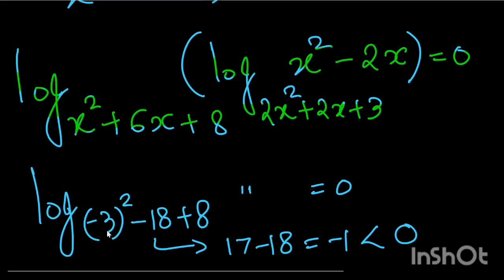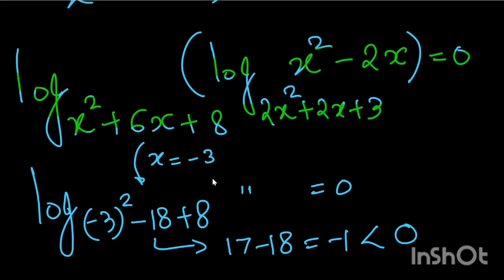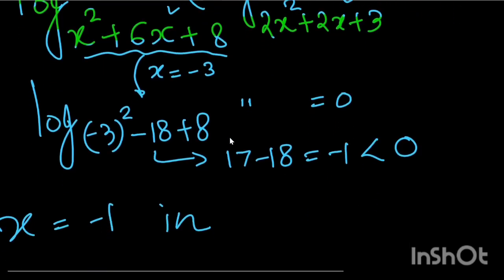If we check the base of the outer log, it gives us minus 3 square, 9, plus 6 times minus 3, minus 18, plus 8.